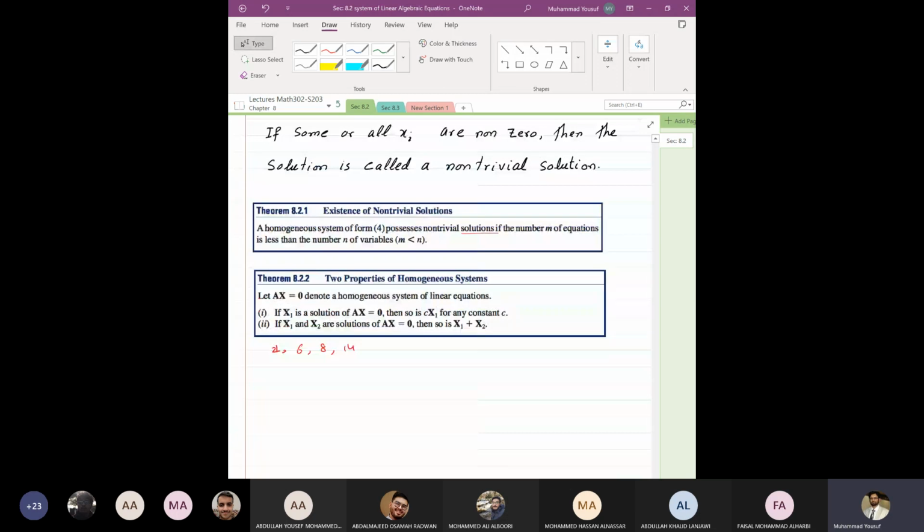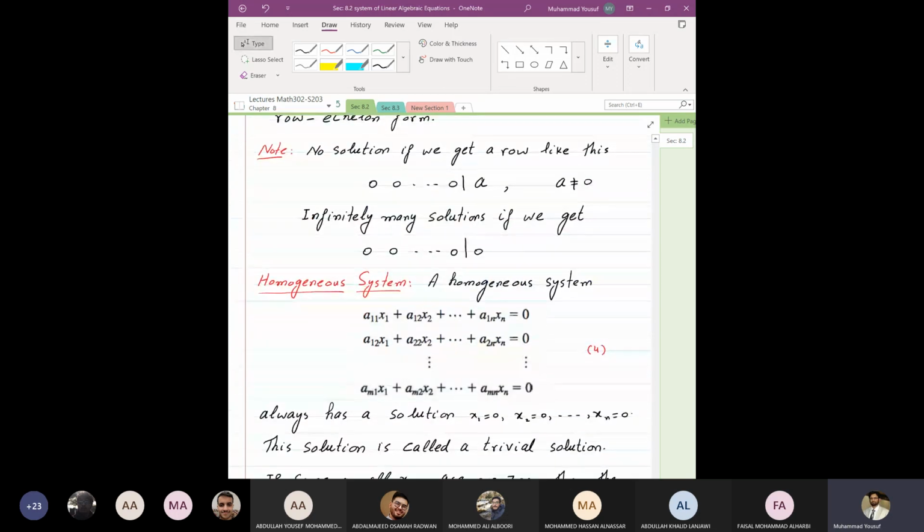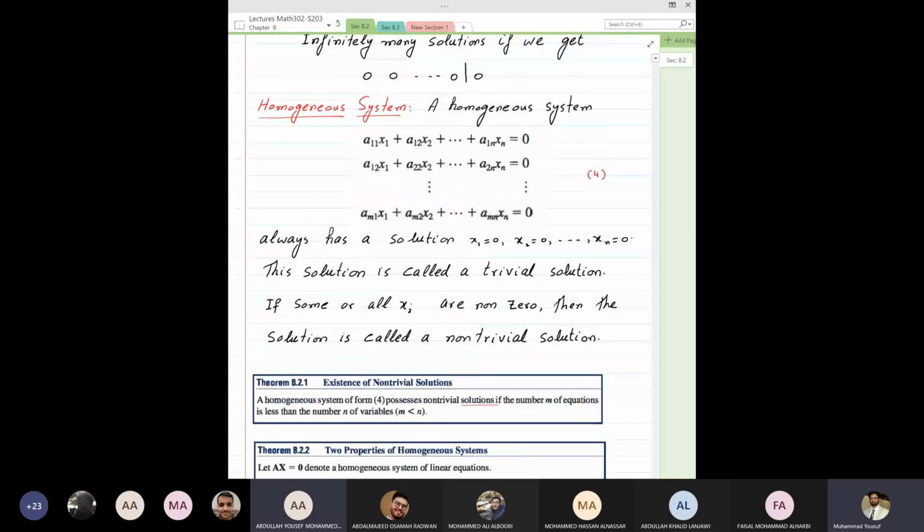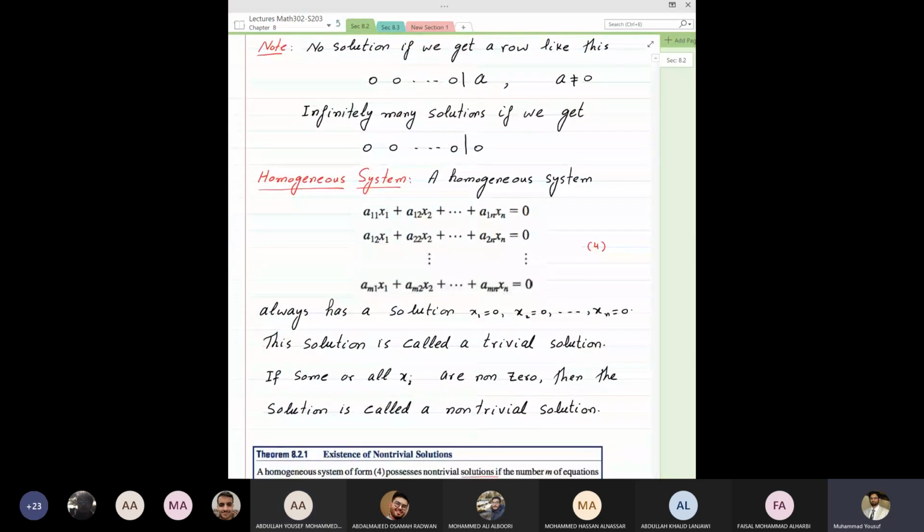Maybe I need to move the screen up or down. Can you see the theorems right now? No. You can hide the bar above, which has the colors and the draw and the menu. How can I hide it? There is an arrow above the screen. There is an auto hide ribbon. Like this. Yeah, it's better now. Now you can see more.